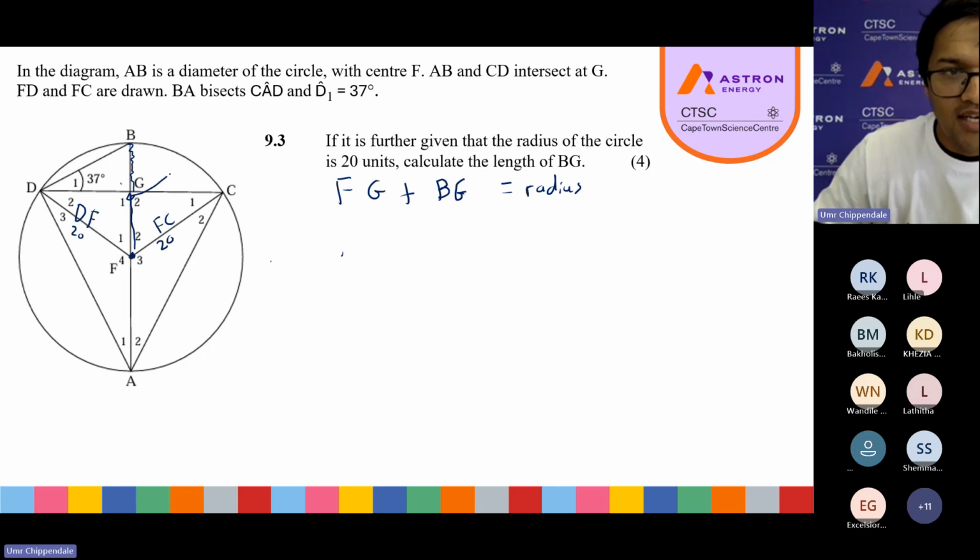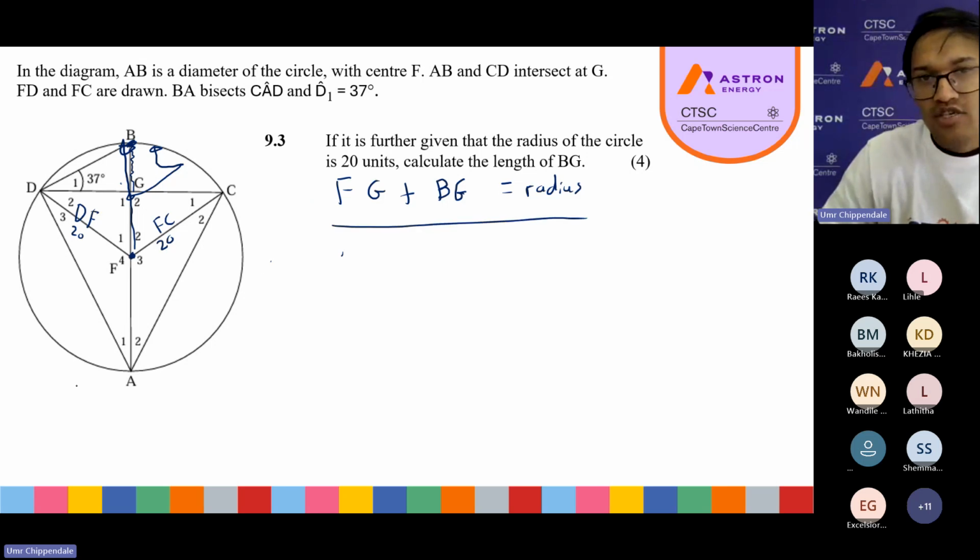It didn't start turning and go that way and then up and then somehow get to the section over here. No, it went straight up, unlike my arrows. So that's why we can say FG plus BG is equal to your radius. Therefore, that is also equal to 20 units, just like it was stated here.